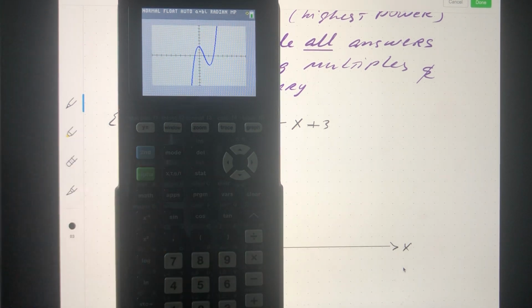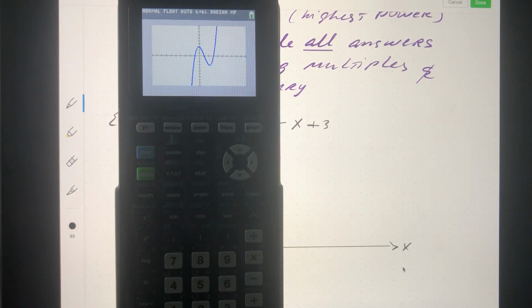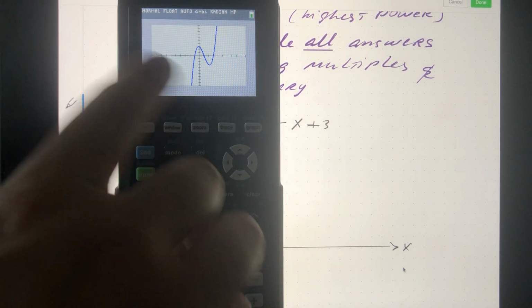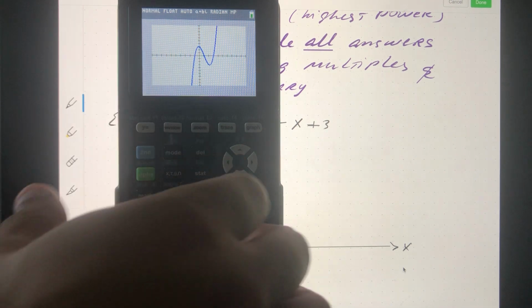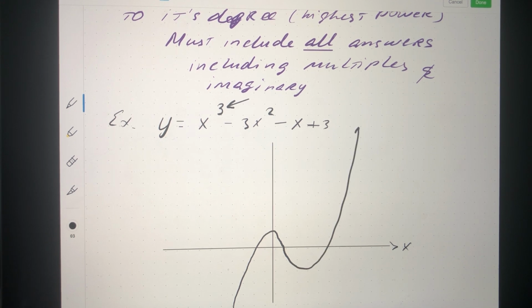We can see that we have 3 x-intercepts: 1, 2, 3. We can even use the calculator to tell us what those are. But that's what the fundamental theorem of algebra promises. It doesn't promise to find what those intercepts are, but it does promise to identify that there will be 3 solutions.